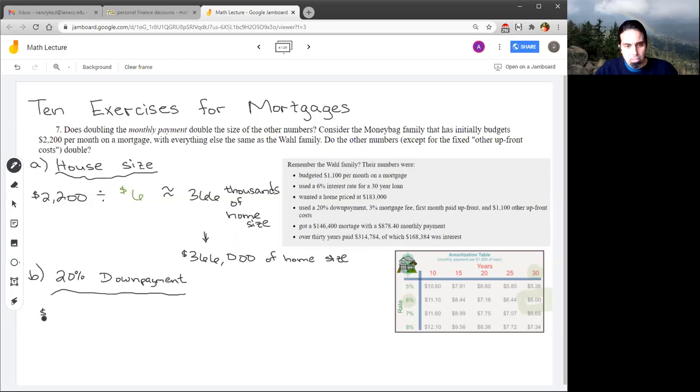We'll take the 366,000 that we just did, multiply it by 20%, and the calculator will make that look like 0.2, left out of percent. So we got 70,200.